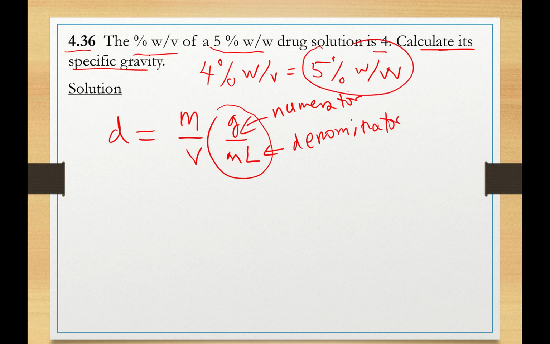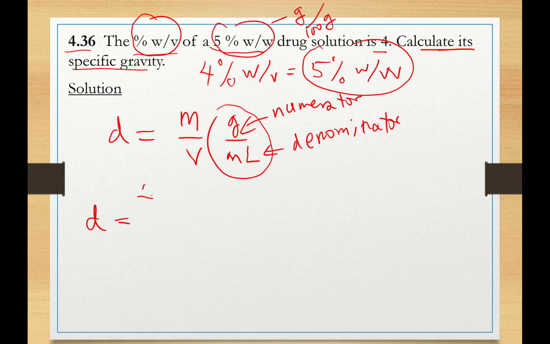Now the 5% weight per weight is basically unitless, right? Because it's grams over 100 grams. So essentially you have no units for that. So it tells me that in order to get the density, I'm going to have the percent weight per volume as the numerator because it's already grams per ml.